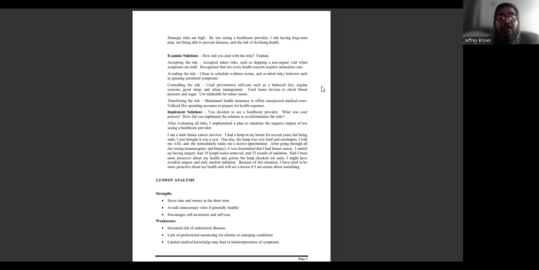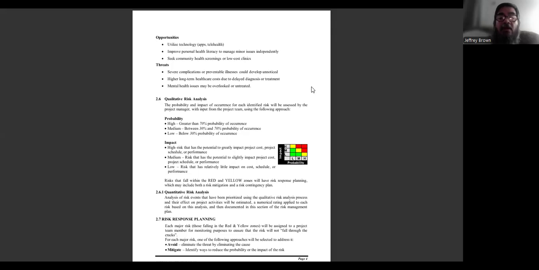So, my SWOT analysis. The strengths of not seeing a healthcare provider is it saves time and money in the short term, avoids unnecessary visits if generally healthy, and encourages self awareness and self care. Weaknesses are increased risk of undetected illnesses, lack of professional monitoring of chronic or emerging conditions, limited medical knowledge may lead to misinterpretation of symptoms.